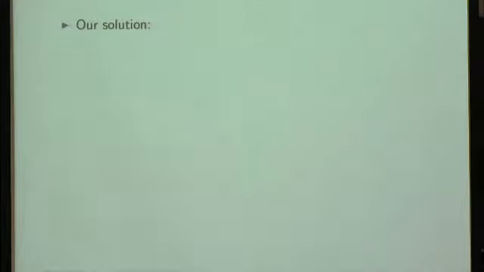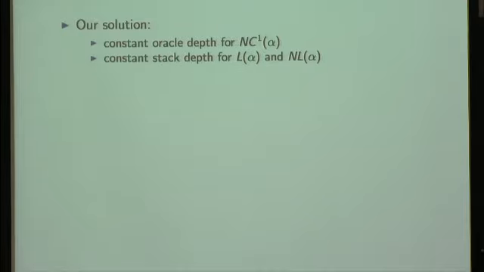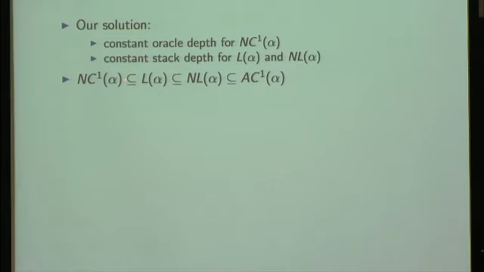So our solution, how to define them, turned out to be quite simple. We restrict the oracle depth for the NC1 circuit to be a constant, and we require that the log space machine also have constant stack depth for the oracle query. Once we have this, the usual inclusion is preserved.